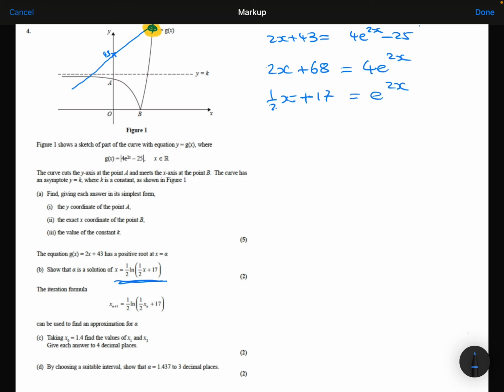Then take logarithms of both sides. And then divide both sides by 2. And there we go. That's what we needed to show.